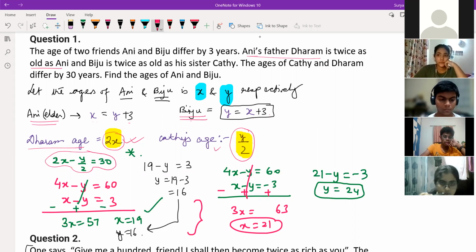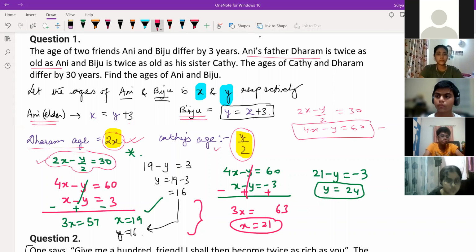So if you solve this, 2x minus y divided by 2 is equal to 30, so you get 4x minus y is equal to 60. This is the first equation, and the second is x minus y is equal to 3.